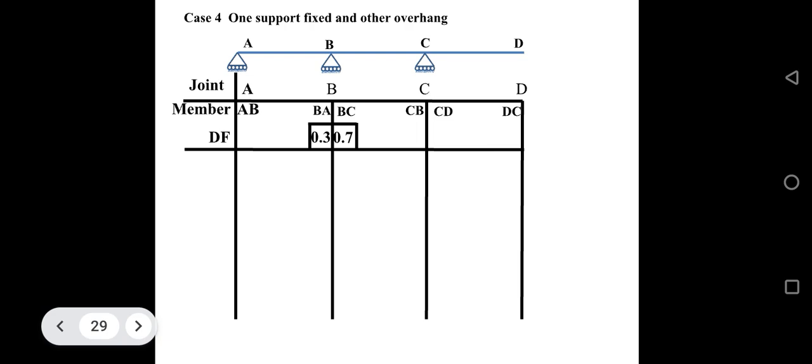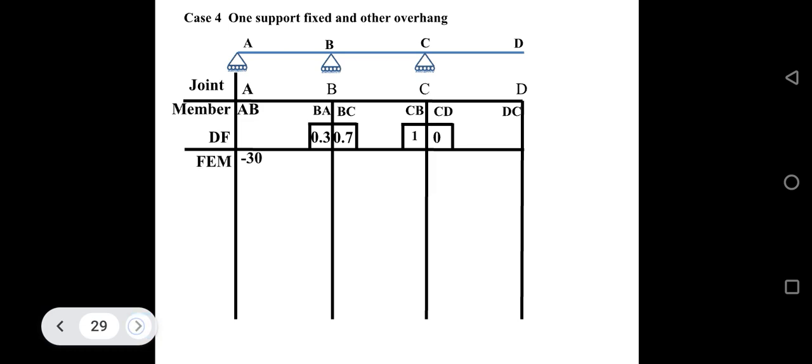I repeat, for the overhanging portion, the distribution factor is always 0, and the sum of distribution factors is always equal to 1. Therefore for the inner member, that is member CB, the factor will be 1. So always remember, at a free end the factor will be 0 and for the other member it is 1, and that's why it need not be calculated, it is always known to us.